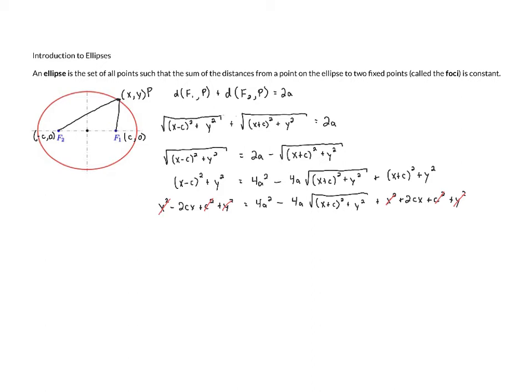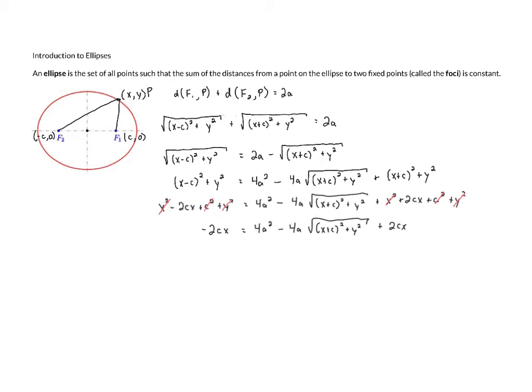And when we do that, this leaves us with negative 2cx equals 4a squared minus 4a times this whole square root plus 2cx.